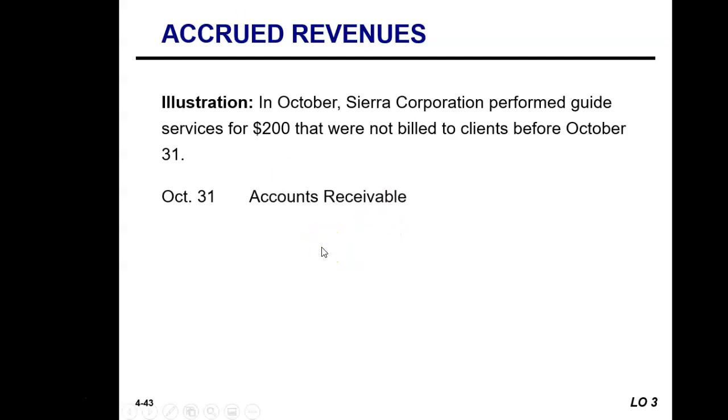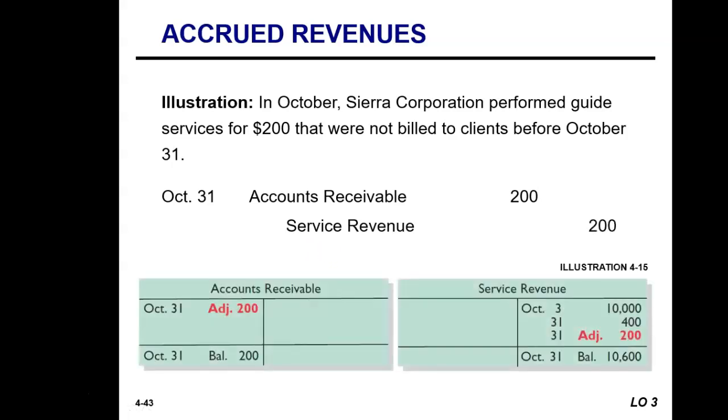So we're going to debit accounts receivable to show the amount of money owed to us for providing this service, and we're going to credit the revenue account known as service revenue. So when you have an accrued revenue adjustment, it means we're going to now recognize revenue that has been earned but was not recorded previously.